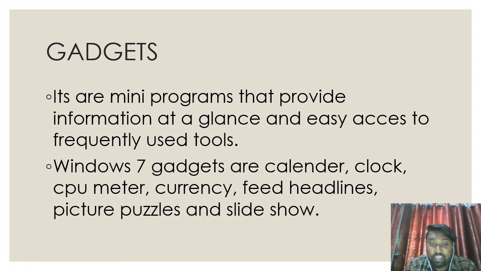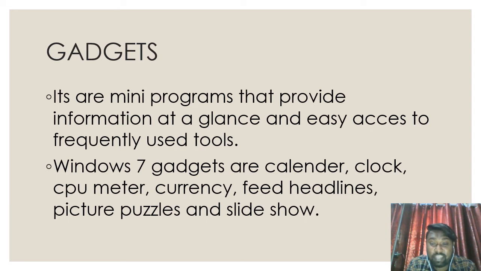Next, the Windows 7 gadgets that people mostly use on their computer desktop screen. The first one is calendar, second clock, third CPU meter, fourth currency, fifth feed headlines, and picture puzzle and slideshow.